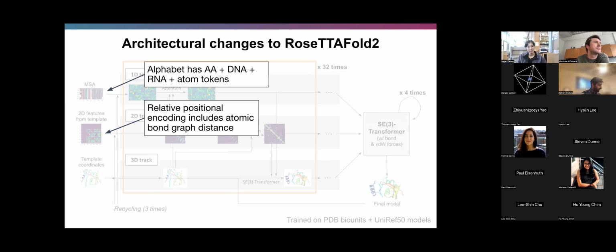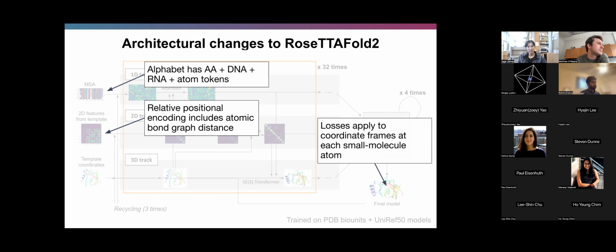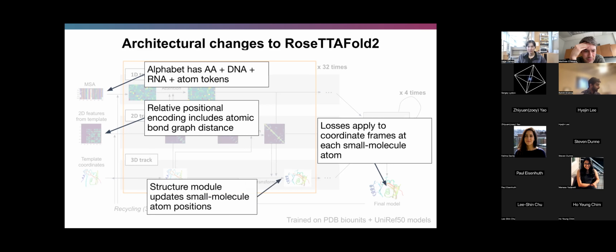And so the next thing, right, is you need losses that apply to small molecules. So in RoseTTAFold and AlphaFold, the losses take advantage of this N, C-alpha, C frame that every residue has. But obviously, arbitrary molecules don't have a canonical or the same frame that you can use for frame alignment. And the other thing is that now the structure module needs to update the small molecule atom positions, right?